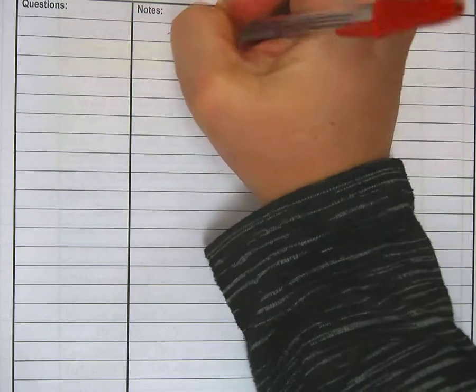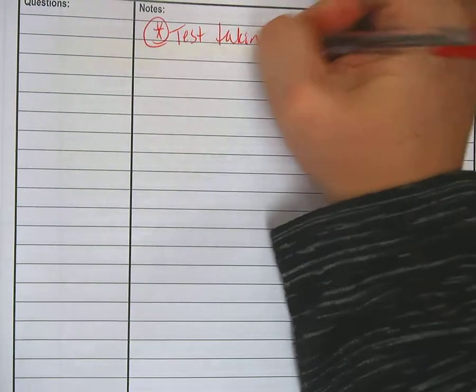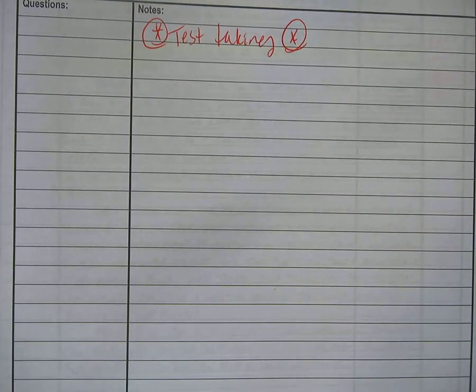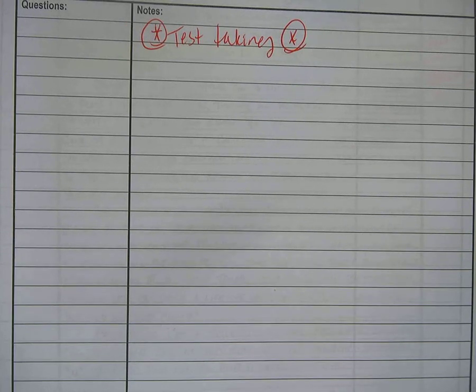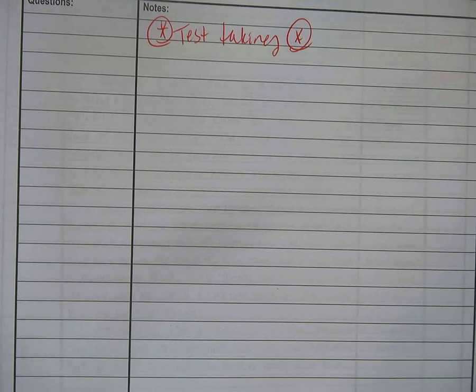All right, test taking strategies. Guys, this is a skills-based test. It's asking you to read a piece and answer some questions about it. Here are my suggestions as to what you need to do to prepare for that. You need to know how to take a test like this.